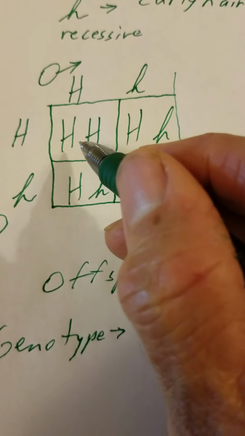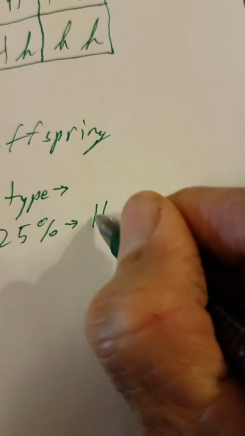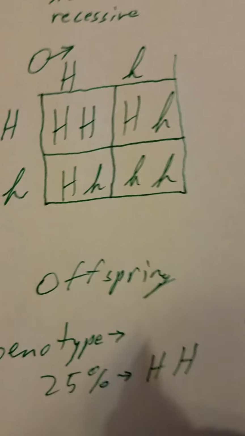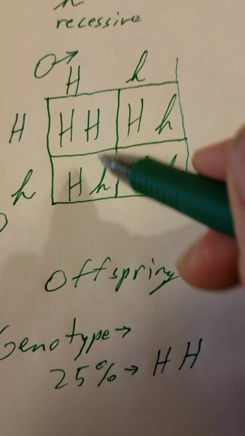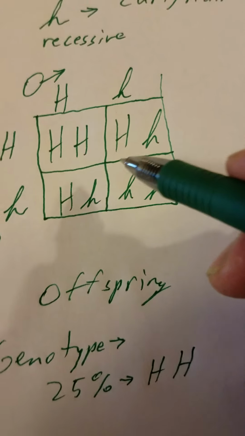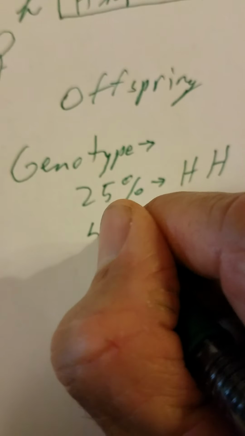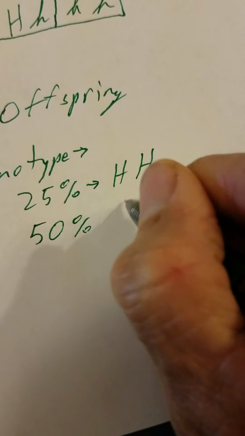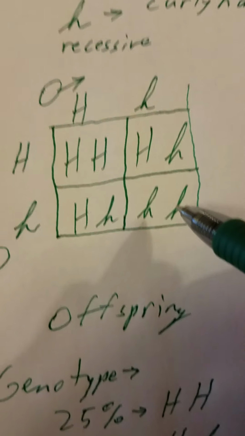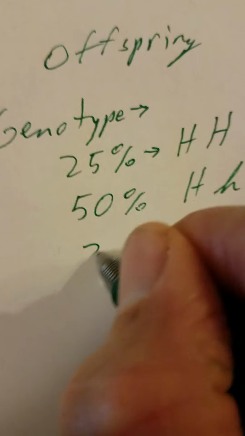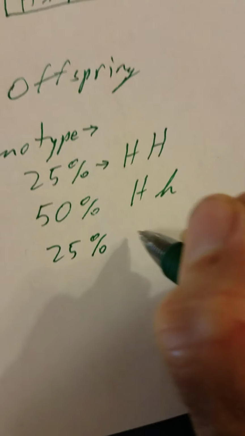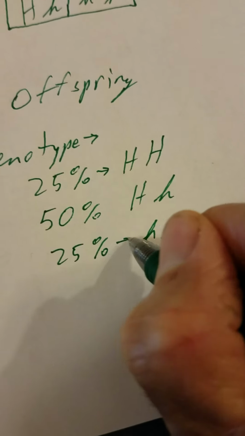Well, I've got one in the square that's two H's, so out of 4, 1 out of 4 is 25% a big H and another big H. I got 2 out of the 4 that's big H and little h, so 2 out of 4 is 50% big H, little h. And I got 1 out of the 4 that's 2 little h's. So 25% little h, little h.